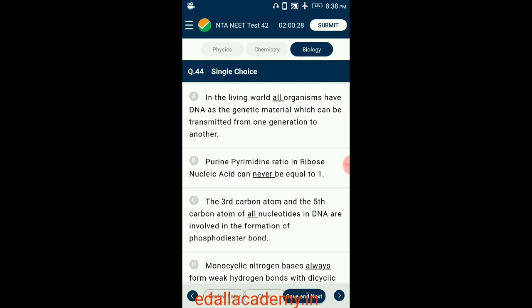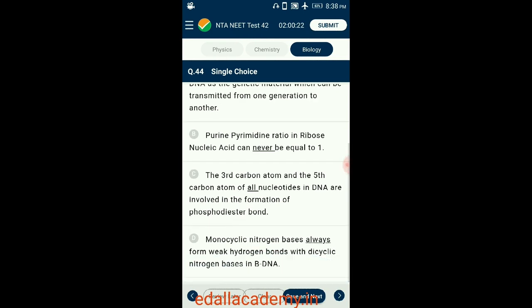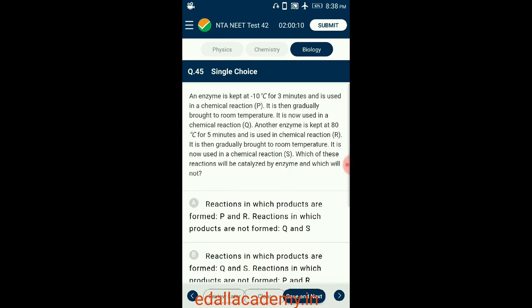Dicyclic nitrogen base purine in B-DNA. So the answer for this question is option D. Monocyclic nitrogen bases always form weak hydrogen bonds with dicyclic nitrogen bases in B-DNA. So the correct option is D. Question number 45.